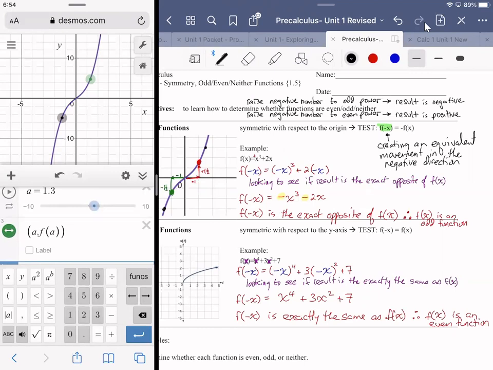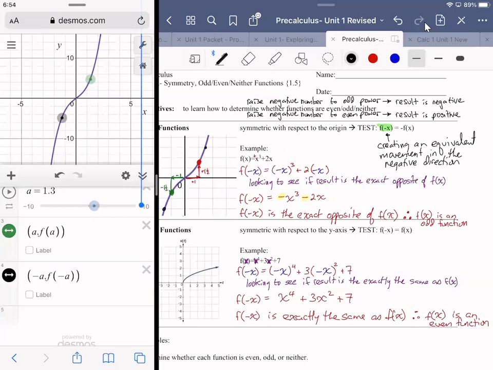All right. But more so, it's the a value that matters, or the distance away from the y-axis. So I have this one at, we'll say, 1 unit from the y-axis. It's also going up a little bit, but that's not important. The fact is that I have my green point 1 unit to the right of the y-axis.